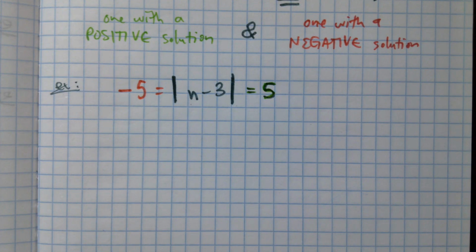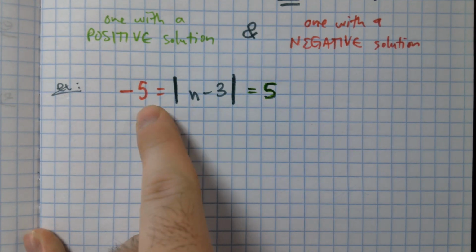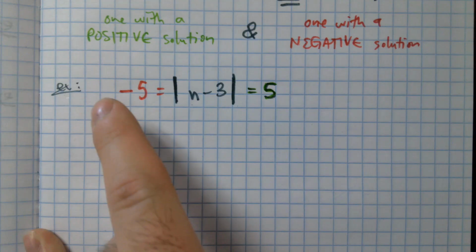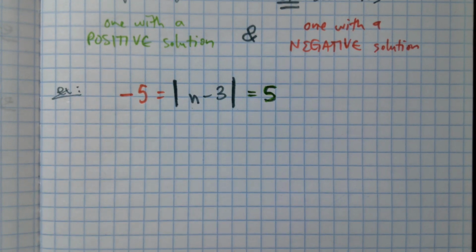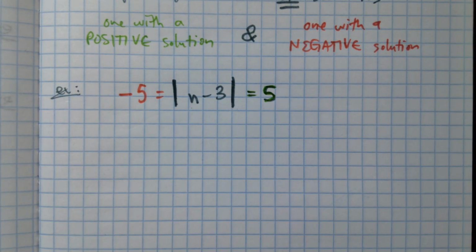On the right, I have the absolute value of n minus 3 equals 5. On the left, I've got the absolute value of n minus 3 equals negative 5. 2 different scenarios. It looks like one long equation, but really this is just for us to save time and make our work look a little bit neater.